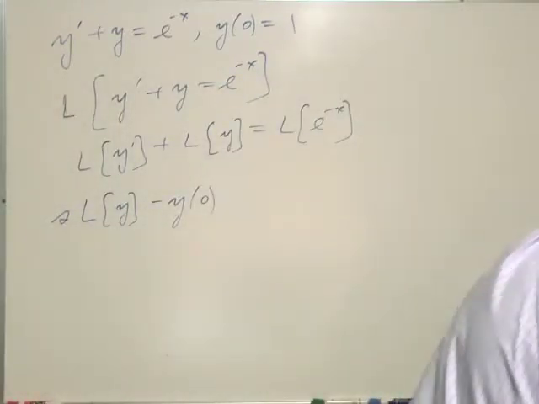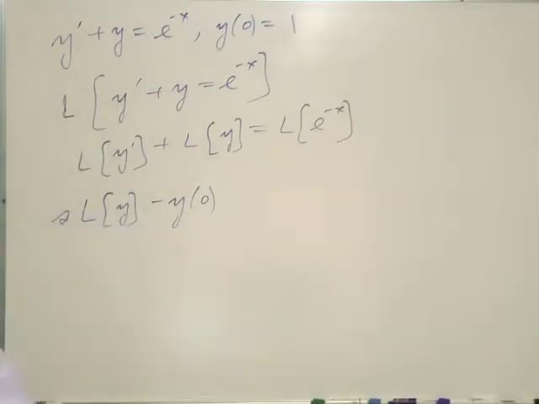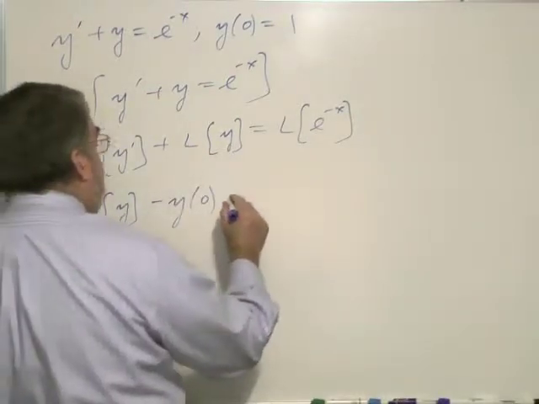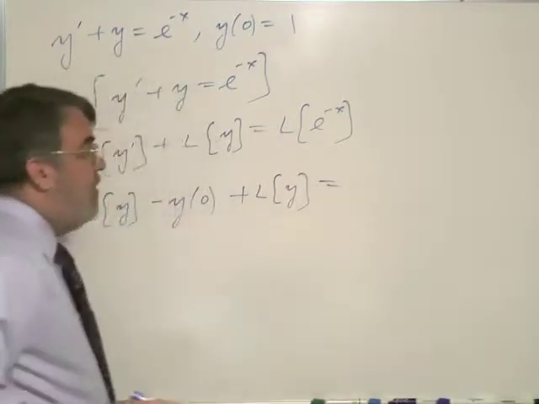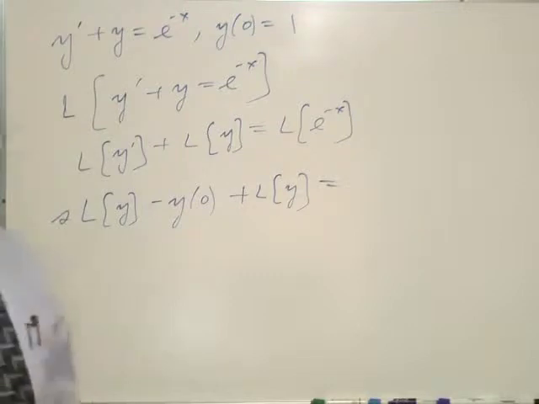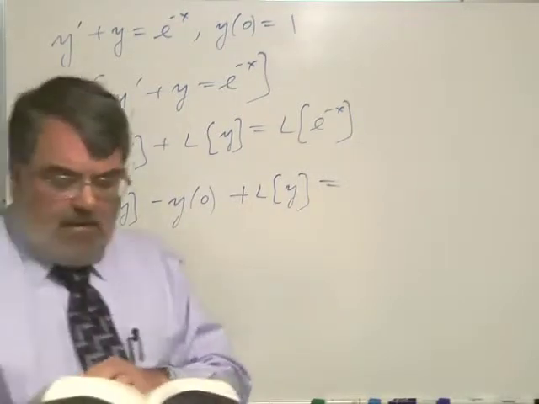Then, I'm going to need my book handy here in a moment, plus L of y equals the Laplace transform of e to the minus x, and I'm going to look that one up.